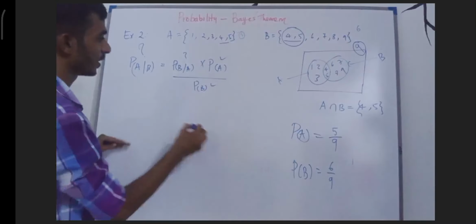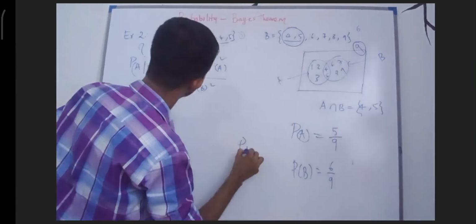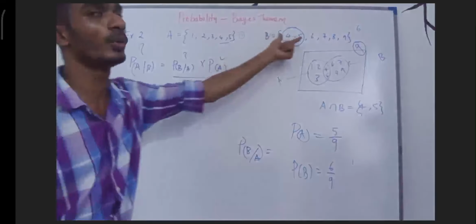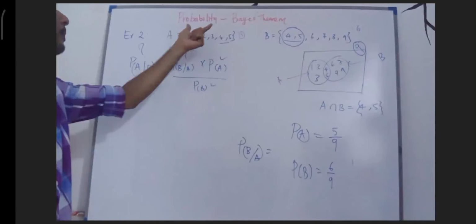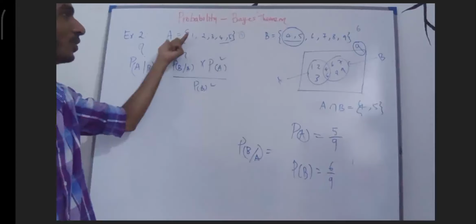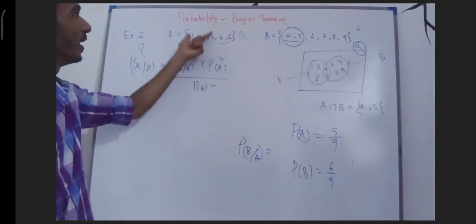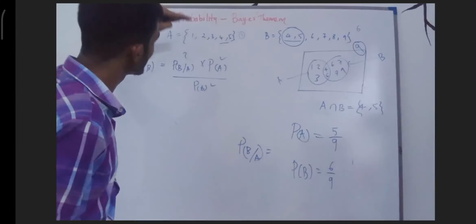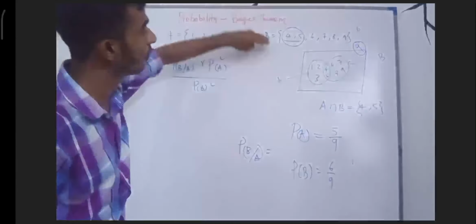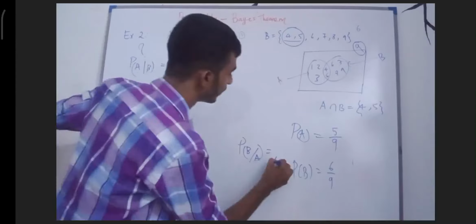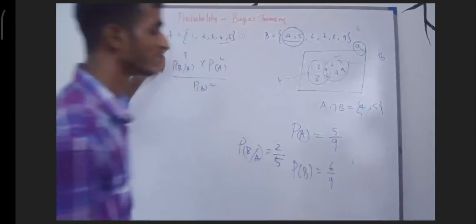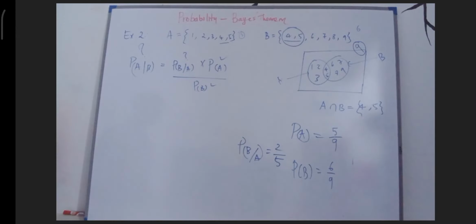That is the probability of B occurring while A has already occurred. So these two elements are in A and B. So when A has already occurred, the probability of B occurring is: out of the 5 elements in A, there are 2 elements in B. So that is basically 2 divided by 5.